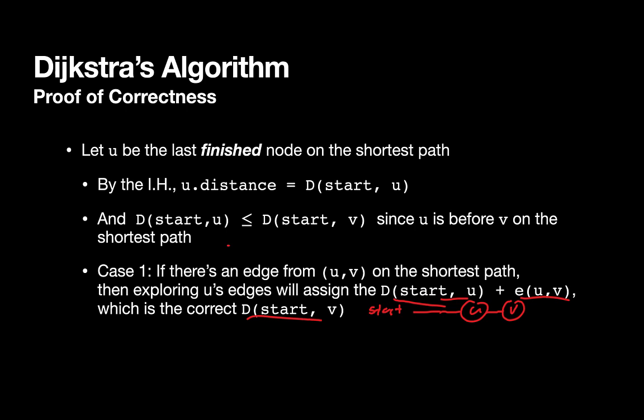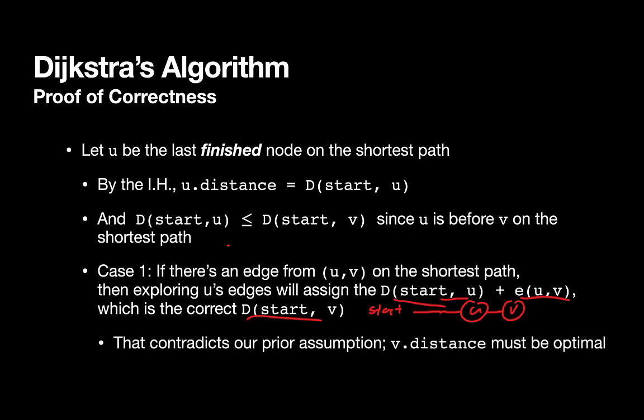So that would be the correct value of the distance all the way to V. So that contradicts our assumption. So this first case contradicts our assumption that V's distance would be greater than the actual optimal distance. So if there's an immediate connection here on the optimal path, then V must already have its correct true optimal distance, because its value would have already been updated to that when we processed U.